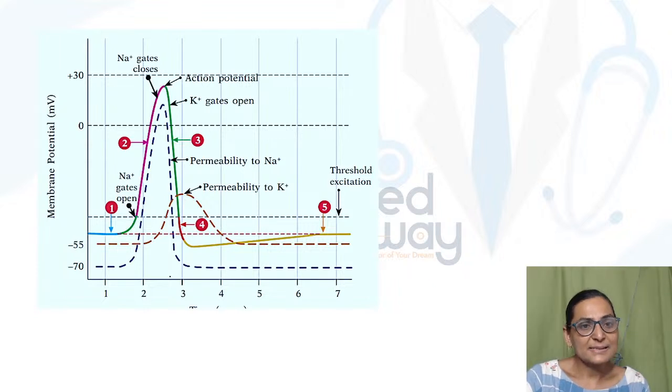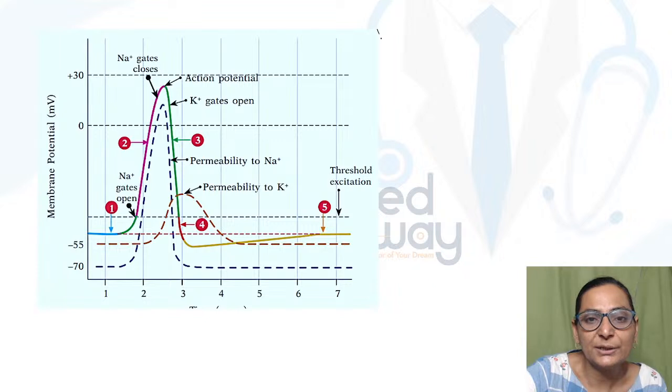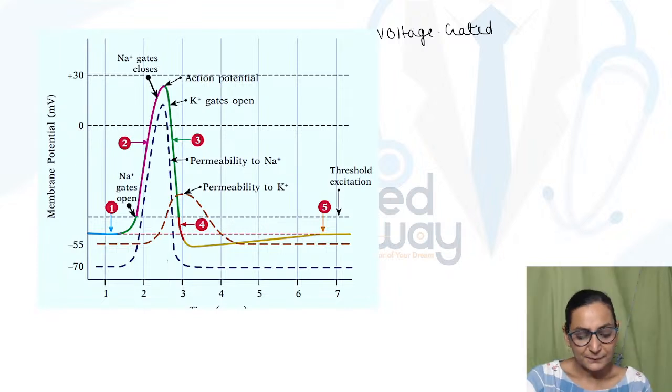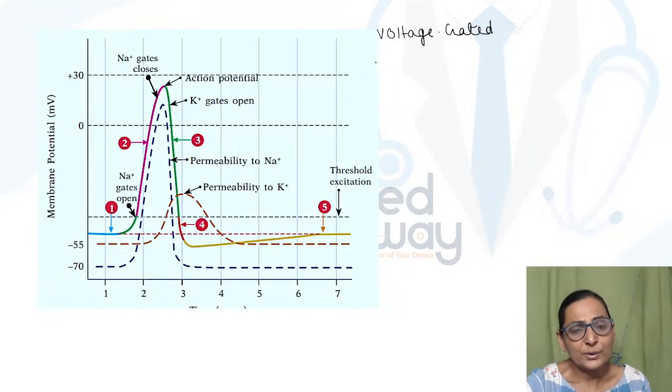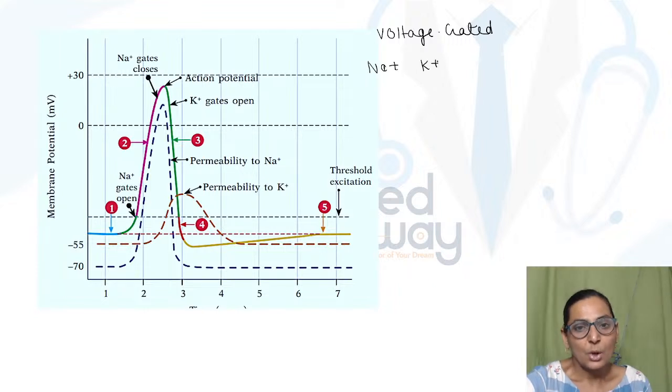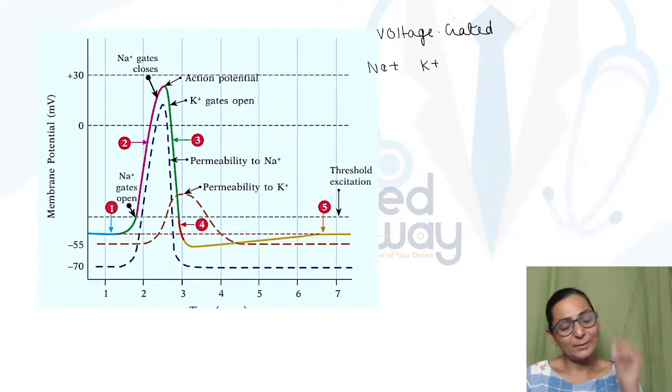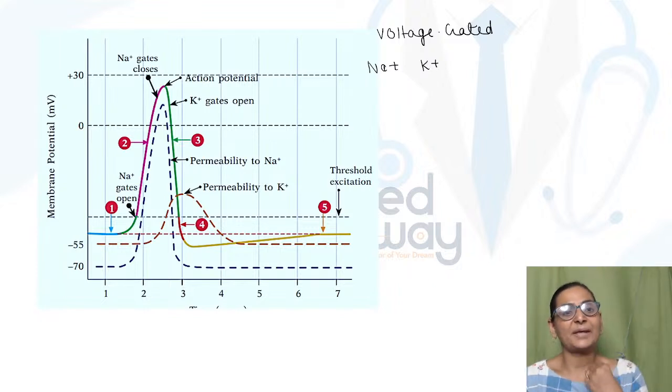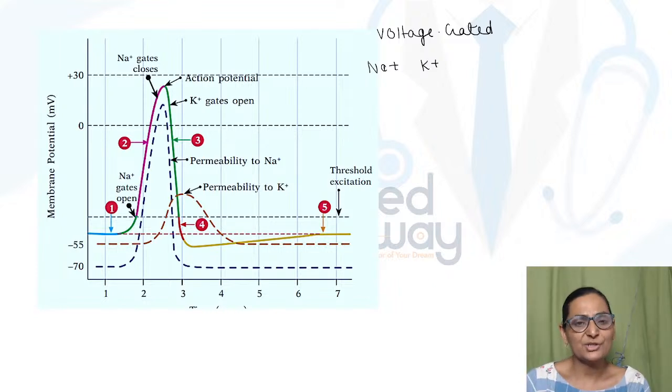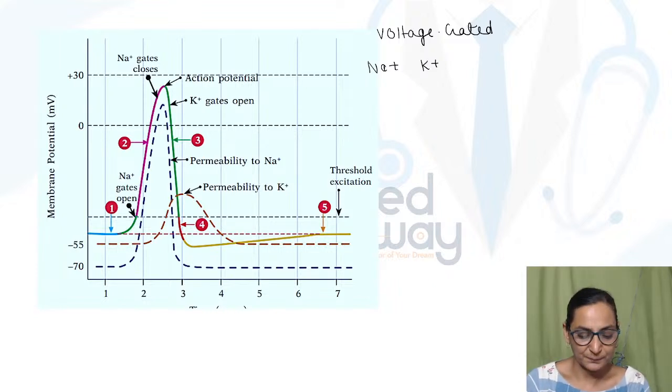Now you must understand that the action potentials are basically due to opening of the voltage gated channels, right? And there are two important channels considered, sodium and potassium. Plateau potential means there is a role of calcium, but spike potential means it is mainly sodium and potassium.